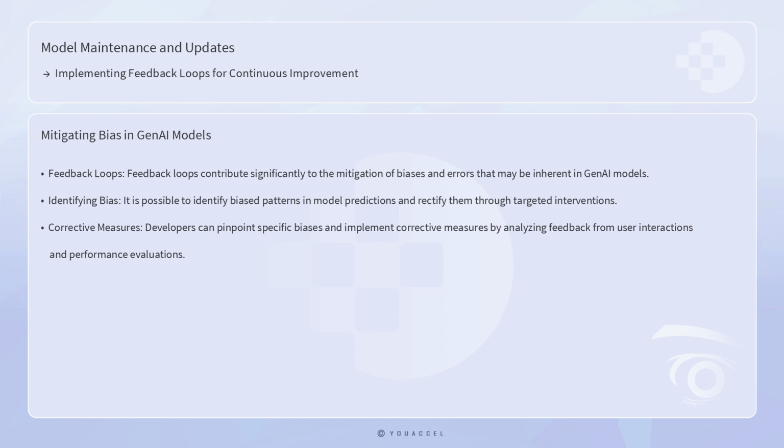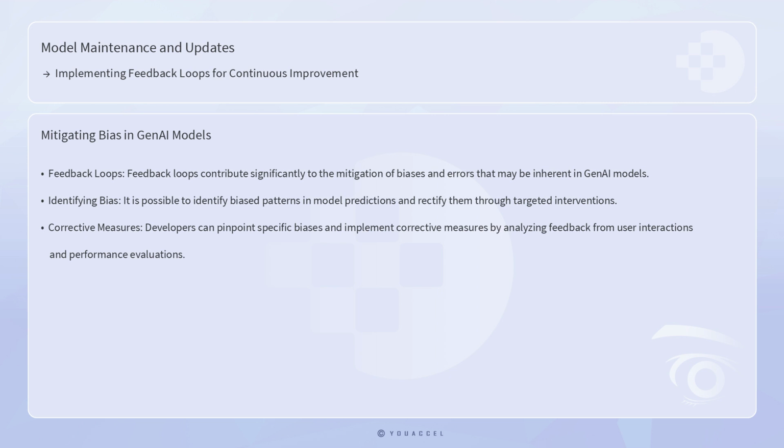Moreover, feedback loops contribute significantly to the mitigation of biases and errors that may be inherent in GenAI models. Bias in AI systems is a critical concern, as it can lead to unfair outcomes and perpetuate stereotypes. Through feedback loops, it is possible to identify biased patterns in model predictions and rectify them through targeted interventions.